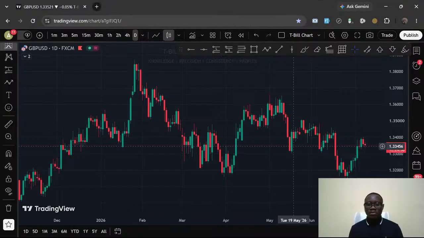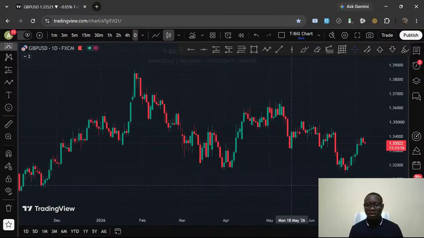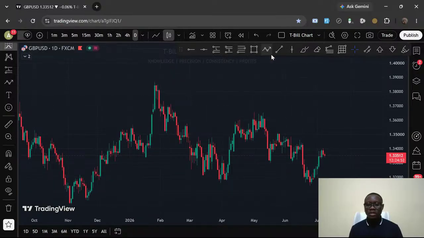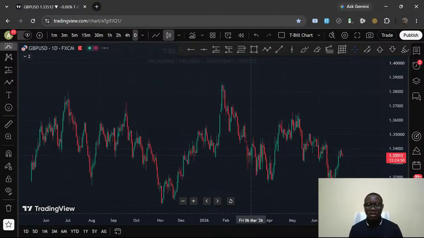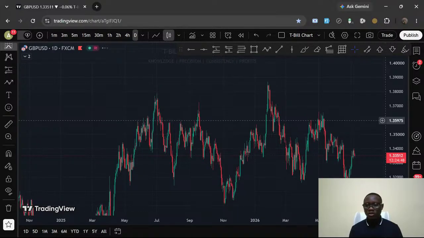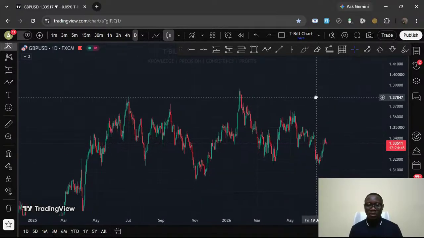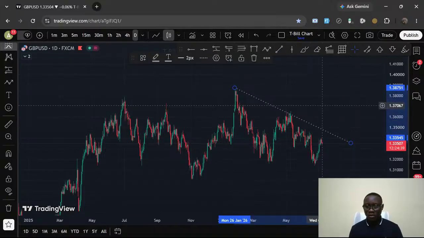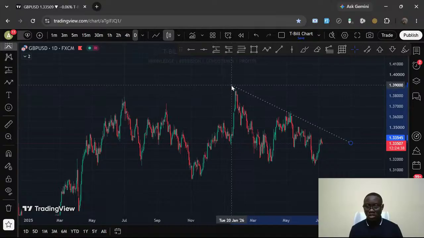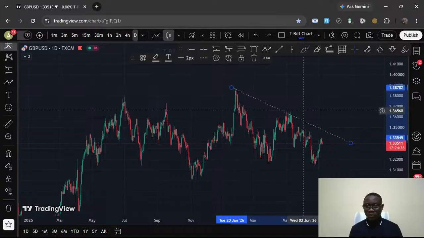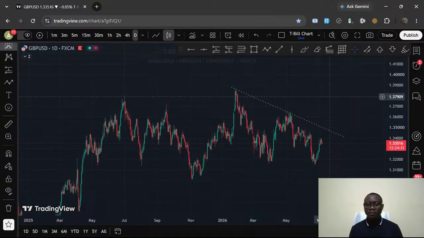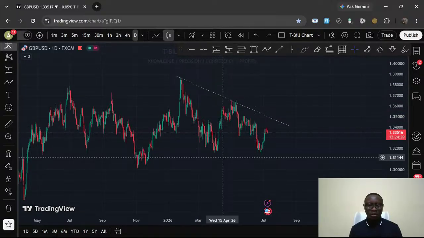Looking at GBPUSD from the daily time frame, you can already tell that the market is bearish, although overall it's a ranging market. But if you have a closer look, you would see that it's currently selling. So it's bearish, right?